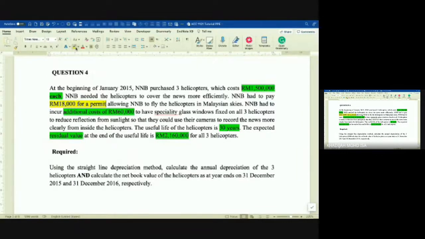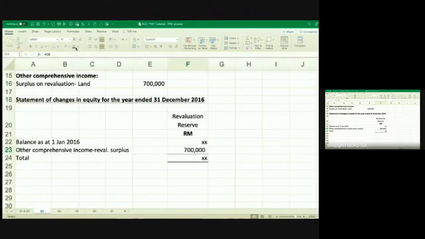You have 3 accounts for separate helicopters, and then you provide the depreciation individually. So that's one way. And then whatever additional cost that you incur for each of the helicopters will be treated separately. But in this example, the answer shows the 3 helicopters together because they buy at one time, so everything is lumped together. So you have 1.5 million times by 3 helicopters.